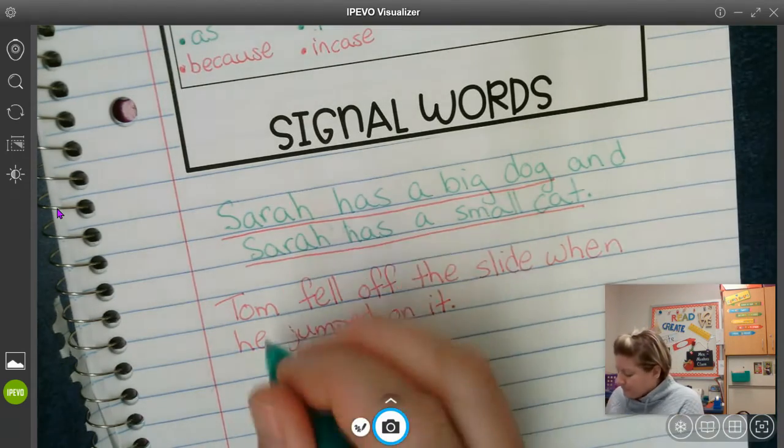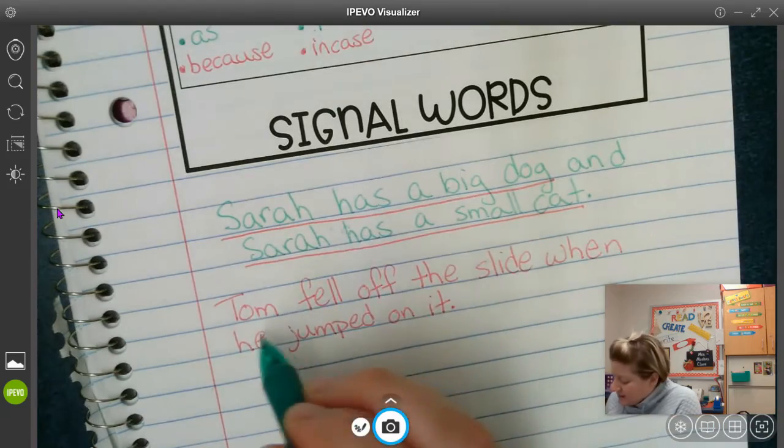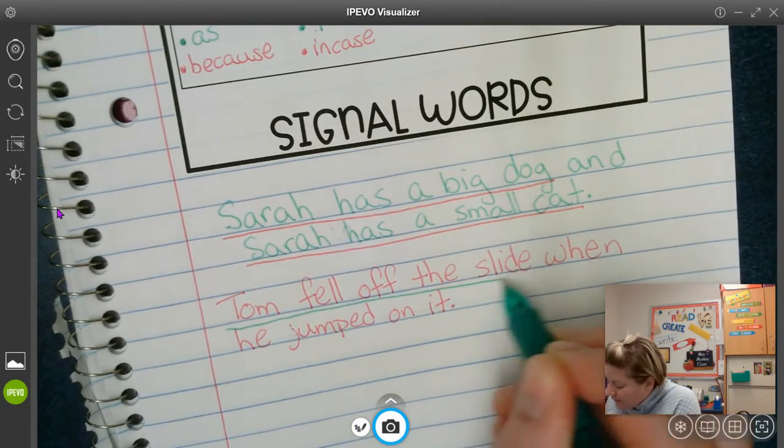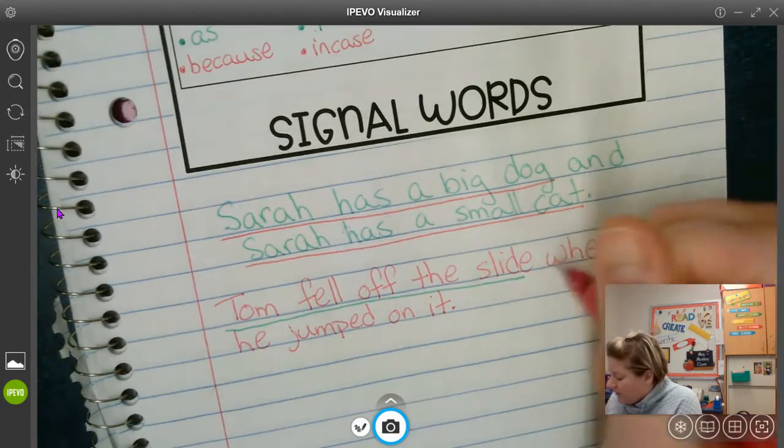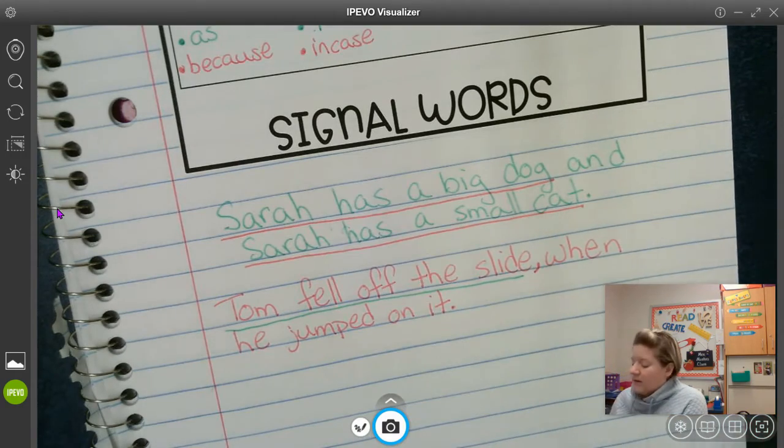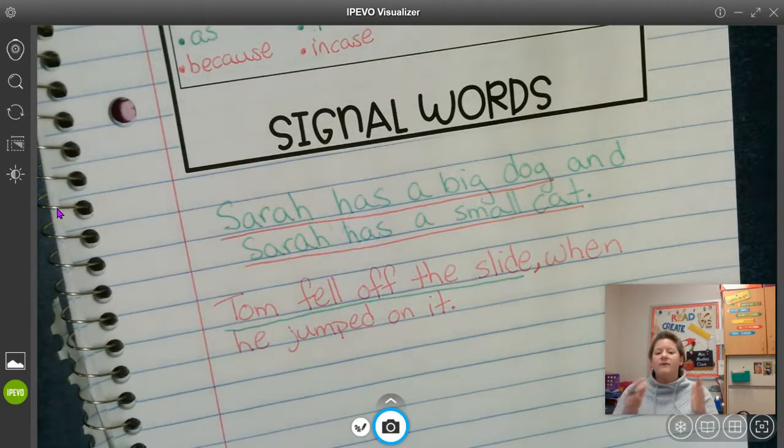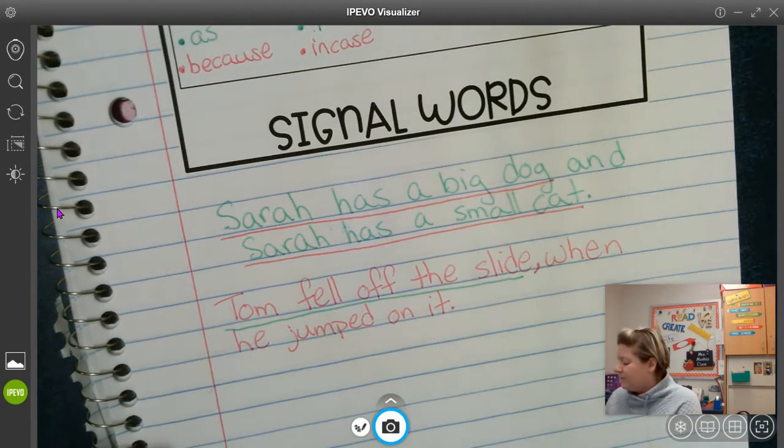Well, I have my first sentence. Tom fell off the slide. Oh, I forgot my comma. That was the problem. If I took the sentence, Tom fell off the slide, it would be an independent sentence. It makes sense all by itself.